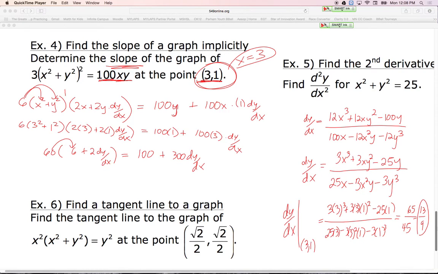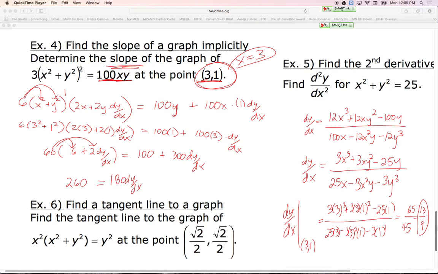Then I'm going to subtract the 100 over, so that's going to give you what? So we got 260. Equals. Now we got the 60 times 2, which is what? 120 dy/dx. Move the 120 dy/dx over here. 180 dy/dx.